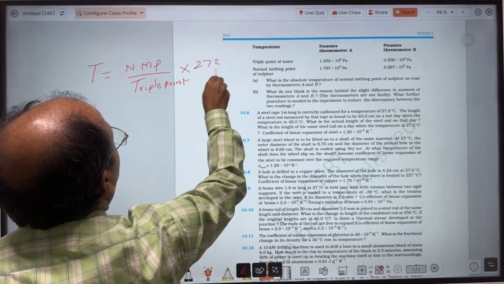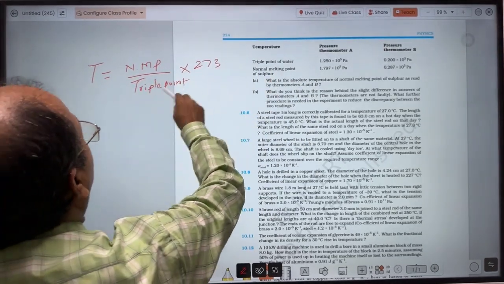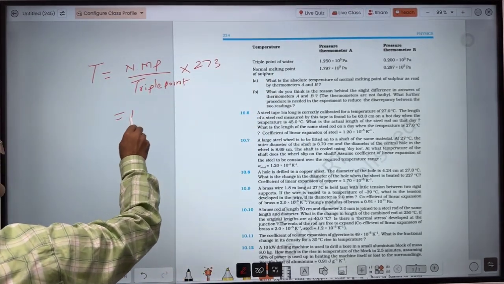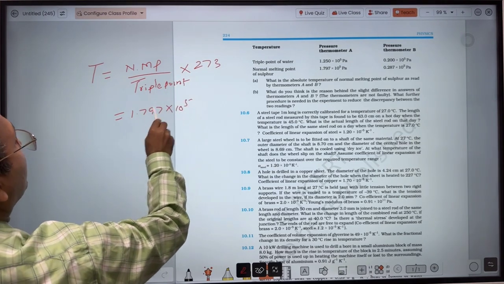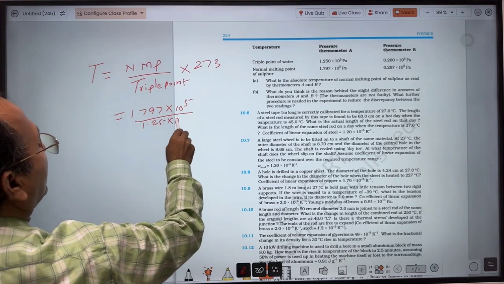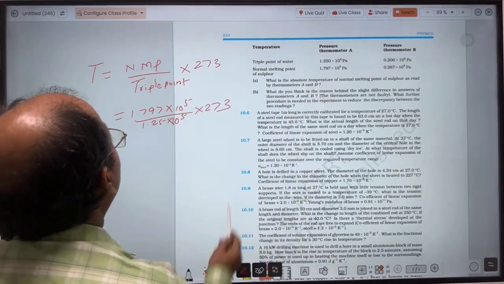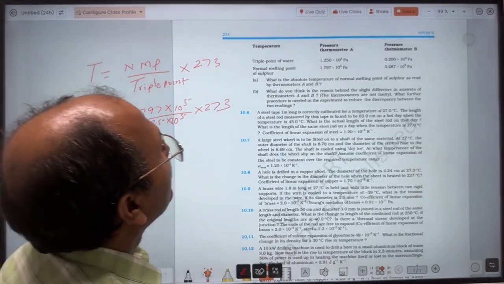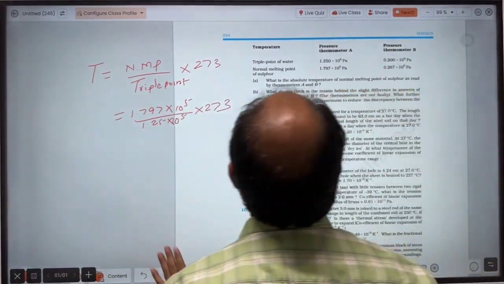So that is 273. Correct? And then just put the values. So it will be 1.797 into 10 to the power 5 divided by 1.25 into 10 to the power 5 and multiplied by 273. Similarly, for the second one also same thing you have to do. You will write this divided by this into 273. I think you have understood.